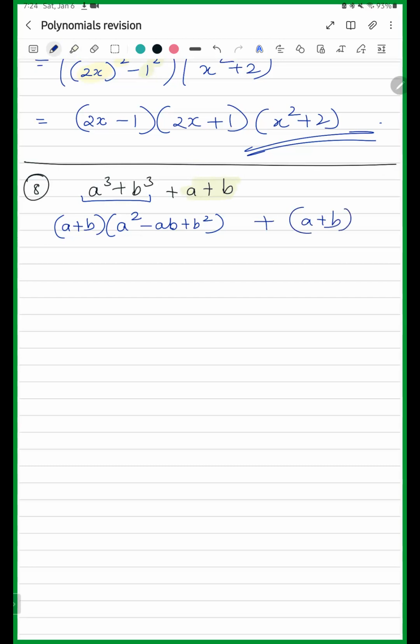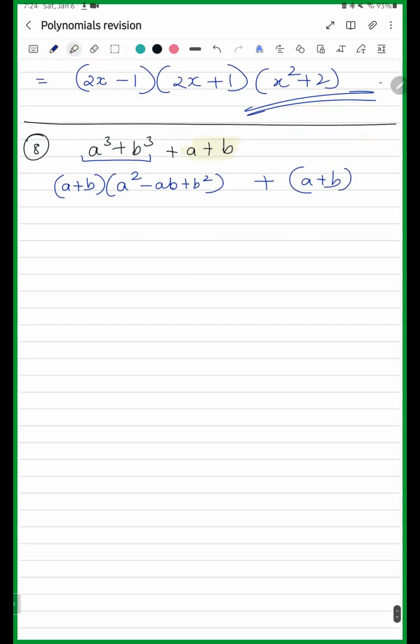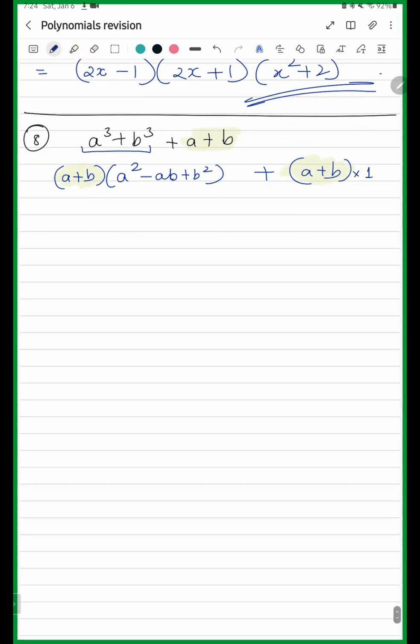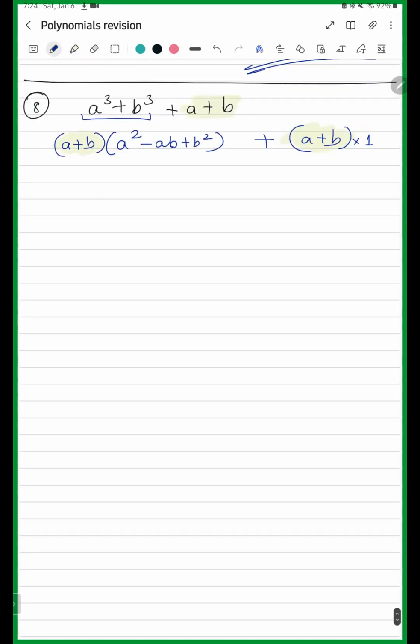So now you can see that A plus B is common. You can say that this A plus B is being multiplied with 1, because anything can be multiplied with 1. If you have x, you can write it as x into 1. So the common thing over here is the bracket A plus B. So you take A plus B as common. And then what do you have inside the bracket?